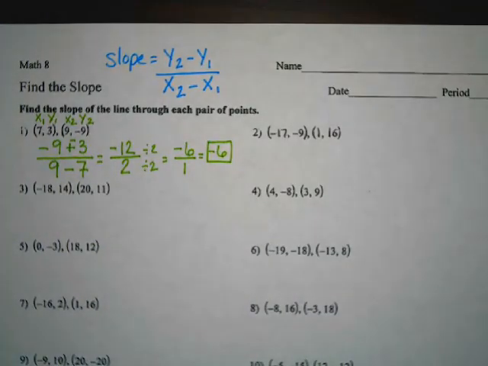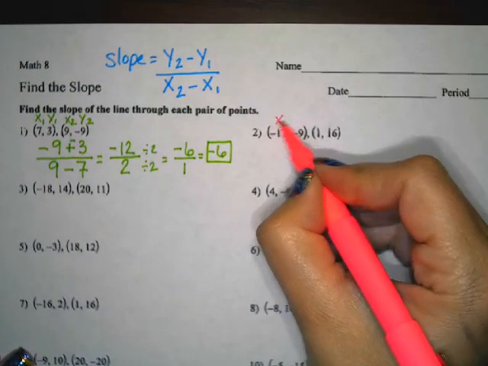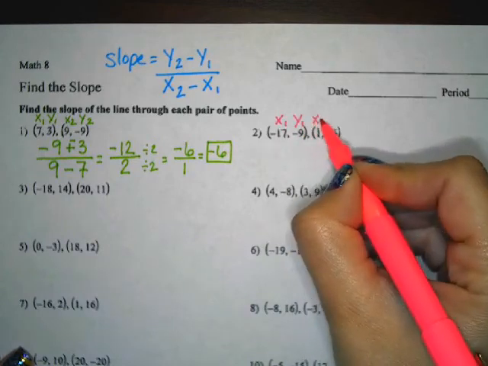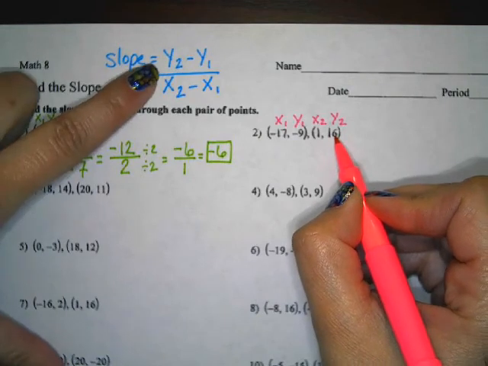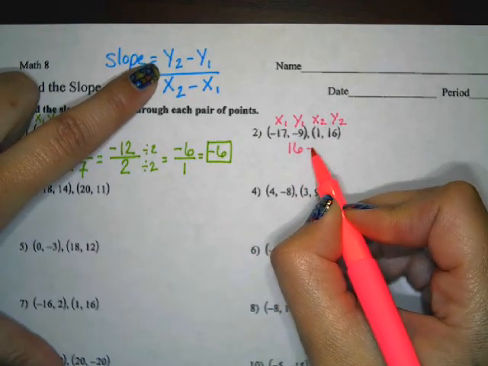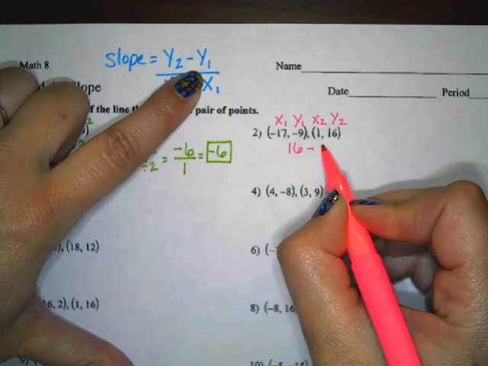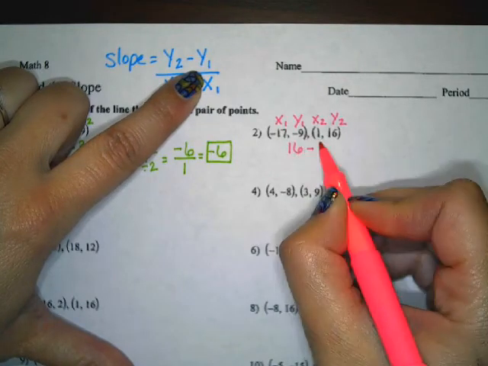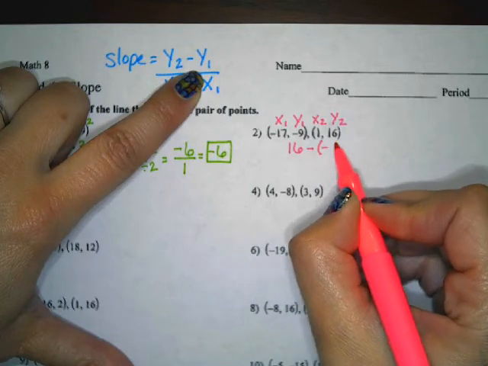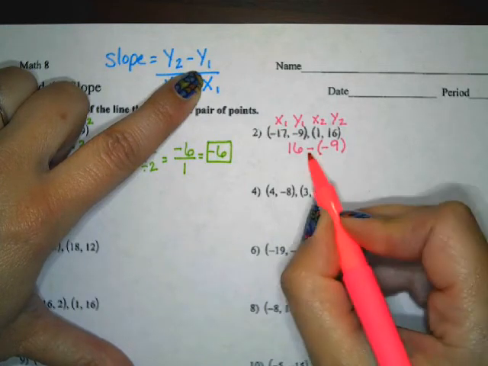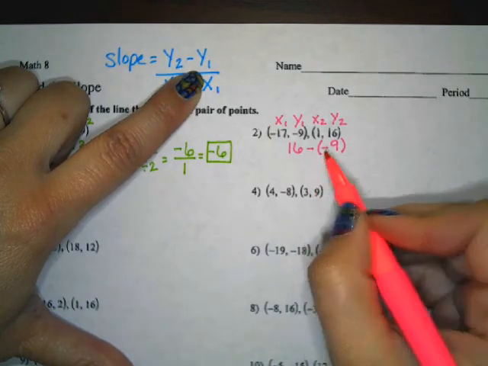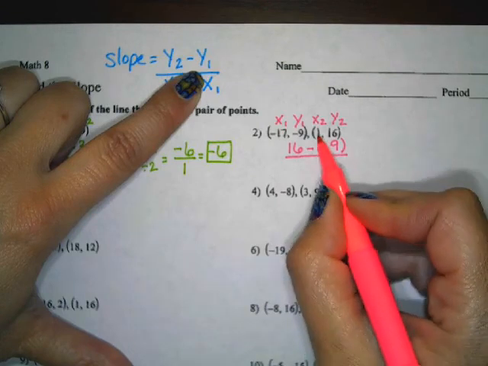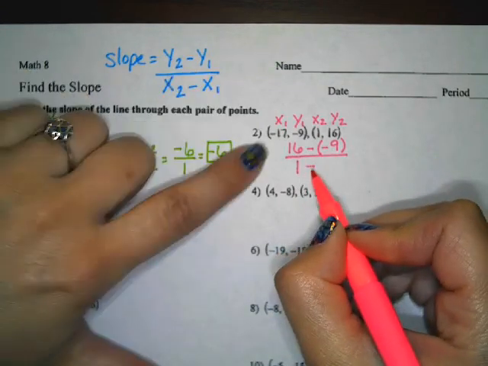For the second one, we're going to do the same thing. Here is my x1, y1, my x2, y2. Let's put it into the equation. I need y2, which is 16, minus y1, which is negative 9. Because I have a negative and a minus sign here, I'm going to put the negative 9 in parentheses so that I don't get confused. I know that there are 2 negative signs there because it's subtracting a negative. Divided by 1, which is my x2, minus a negative 17.